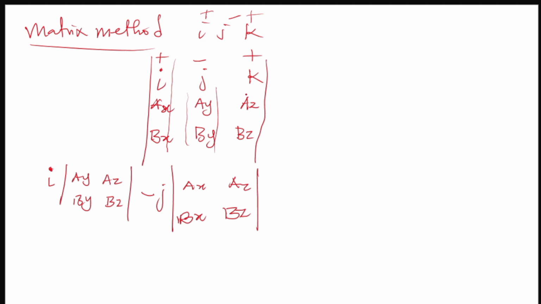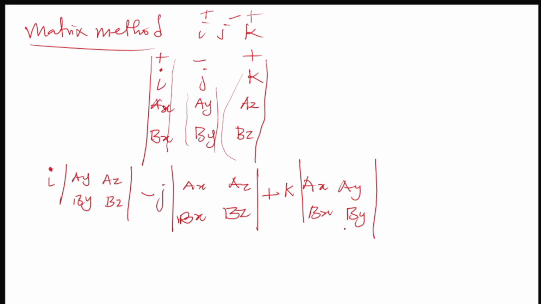So if we are to consider your K unit vector, we'll simply have plus K, because this is the plus we have here. So we are basically covering this. What are we seeing? We are seeing AX, AY, BX, BY. So what you have here, you simply have AX, BX, and you have AY, BY. So that's the concept.